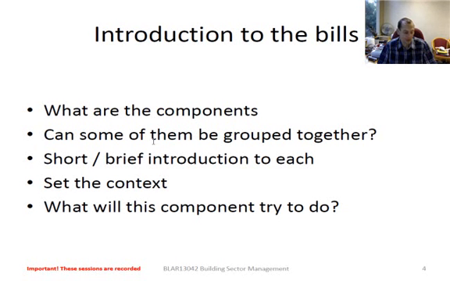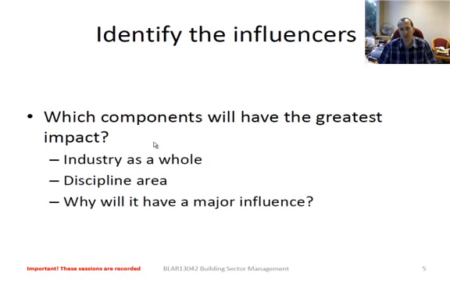And you'll see that effectively you only need about 6 of the 18 in total, because they can be grouped together, making the introductory note that you're going to write a lot easier and a lot shorter to do. The reason why I want this is so that it can set the context for the next part of the question and see what the rest of the bill is trying to do.